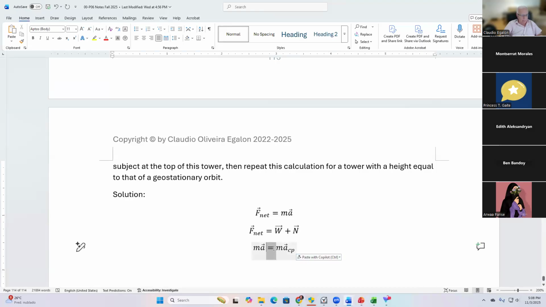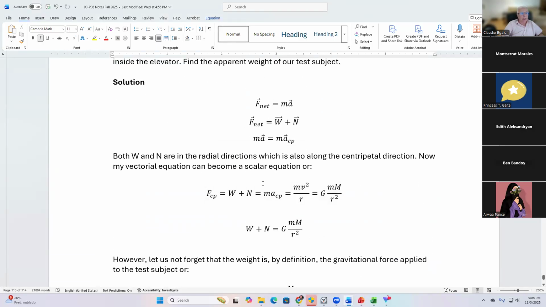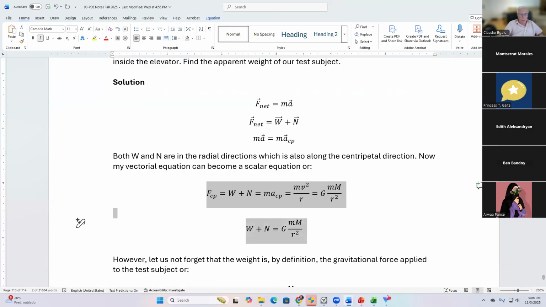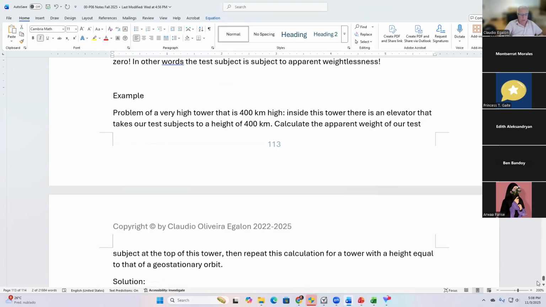But now the centripetal acceleration is going to be written not in terms of the orbital velocity, but in terms of the rate of rotation of the Earth. Okay? That's the important distinction between our orbiting object and our tower attached to the surface of the Earth.